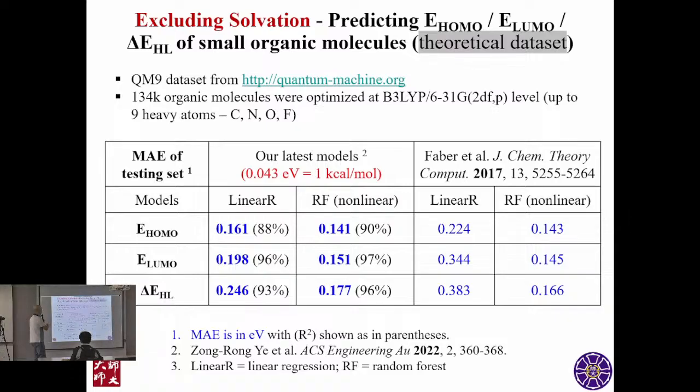This is QM9. It contains 134K organic molecules computed by first principle calculation, which is DFT. So in that case, it was computed at this level with this basis set. It almost consists of all the possible molecular structures within 9 heavy atoms.